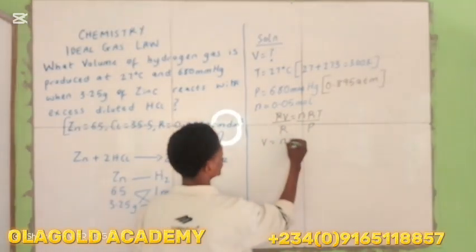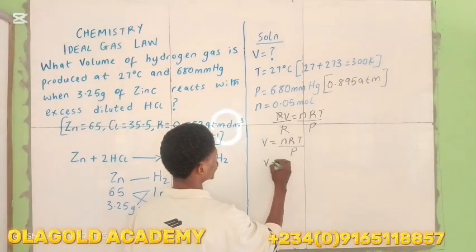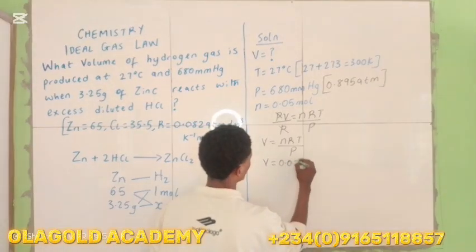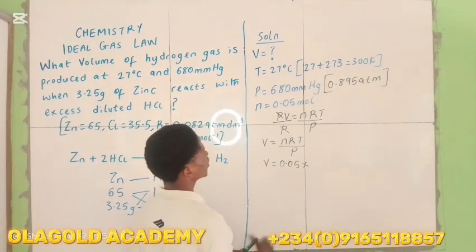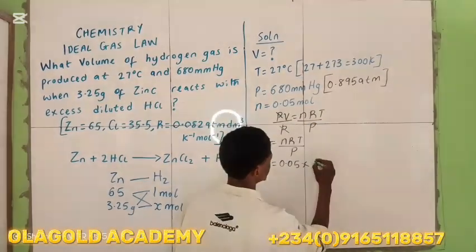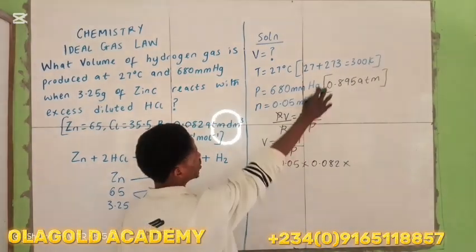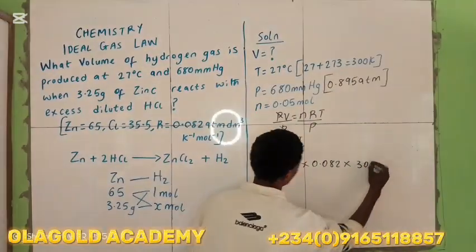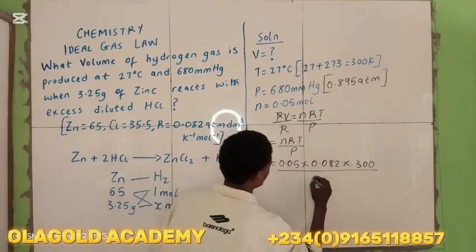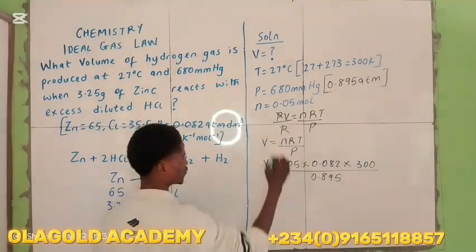Volume equal to nRT over P. Volume now equal to mole, which is 0.05, multiplied by the molar gas constant, 0.082, multiplied by temperature, which is 300, everything over pressure, which is 0.895 atmosphere.